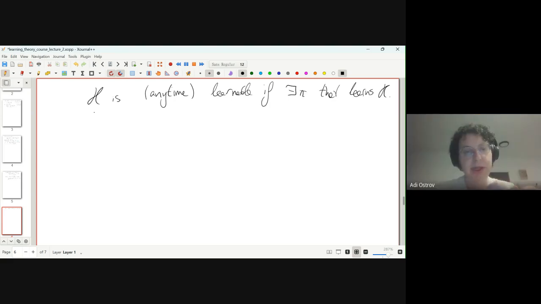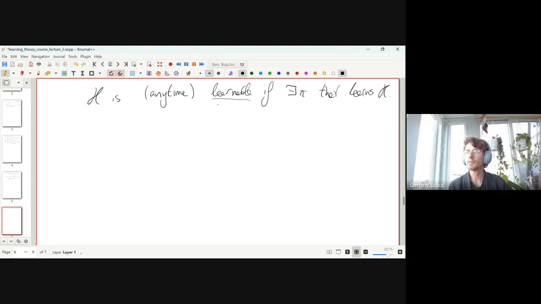This property is preserved under taking subsets of H, right? Yes. Is it also preserved under finite union? That is a good question.